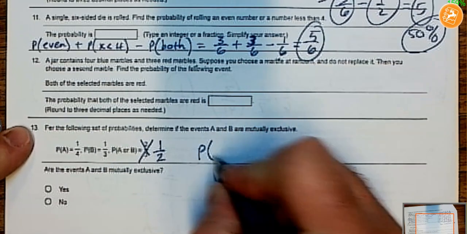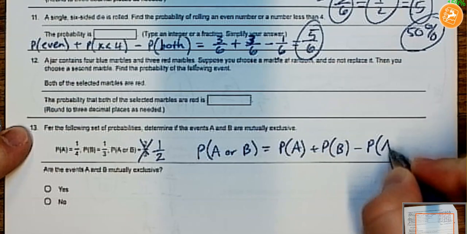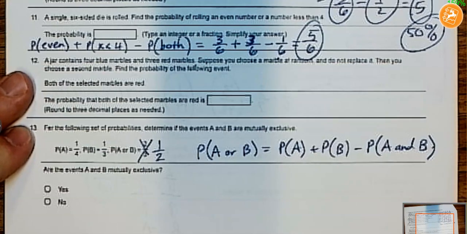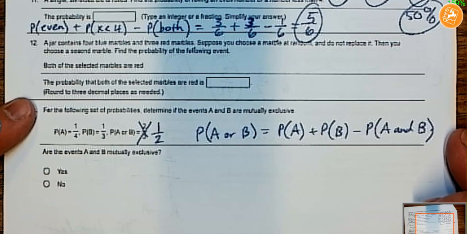We know that we're dealing with the probability of A or B equals the probability of A plus the probability of B minus the probability of them both happening at the same time. That's the formula we've been using for quite a few of these questions.